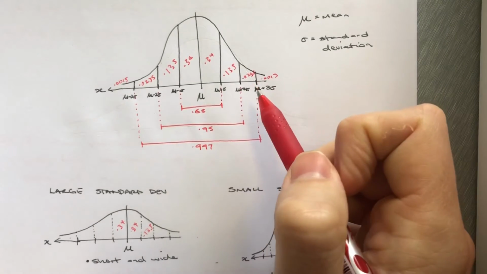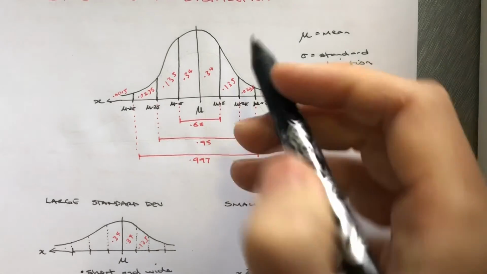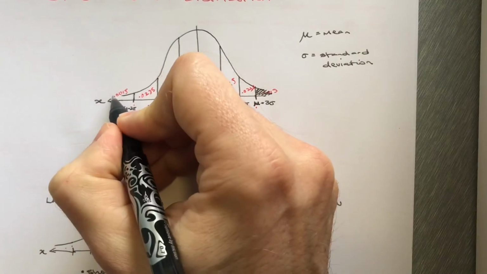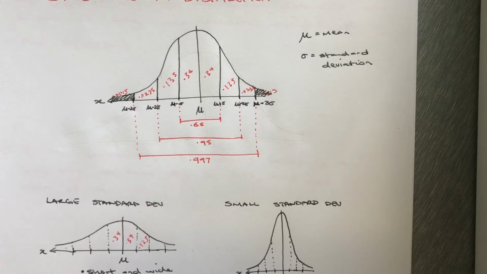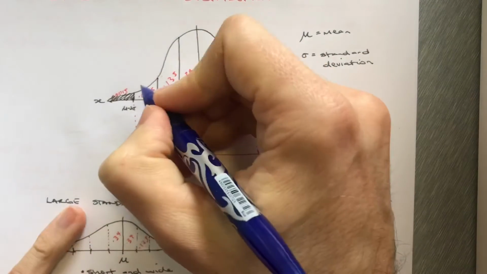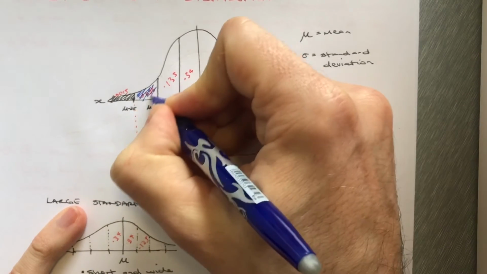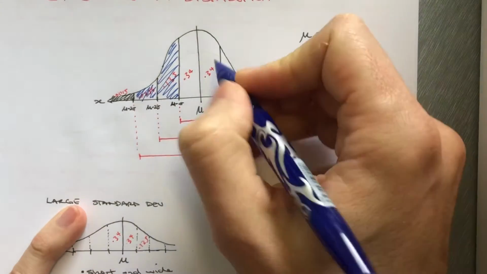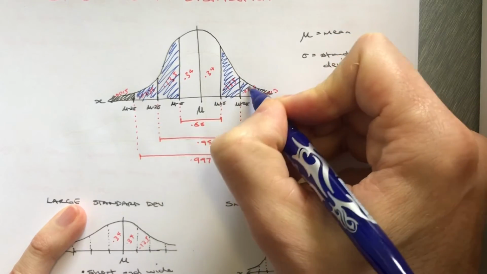I'm just going to color some stuff in to hopefully help you out a little bit. This here, as we saw before, has the exact same probability as that one here. We could even say these two here, so that one and that one, have the exact same probability of falling between here and here as well.